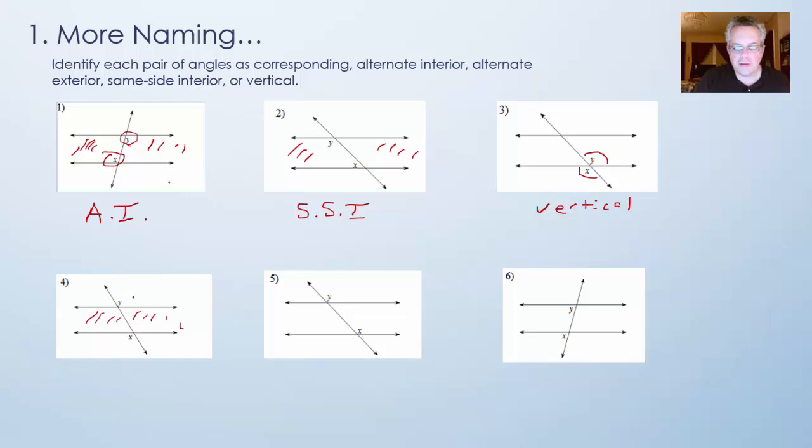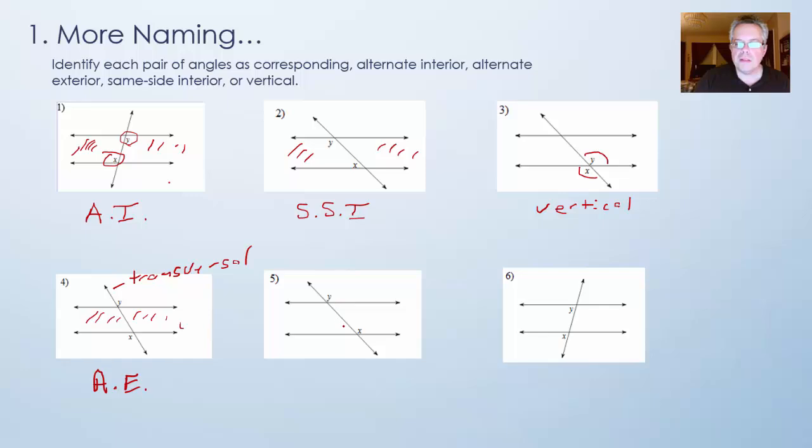Those are on the outside of the two lines, and they're on alternate sides of the transversal. Remember, the transversal is the line that crosses the two other lines. So this is a transversal. They're on the exterior, and one's on one side of the transversal, one's on the other. So this is alternate exterior.